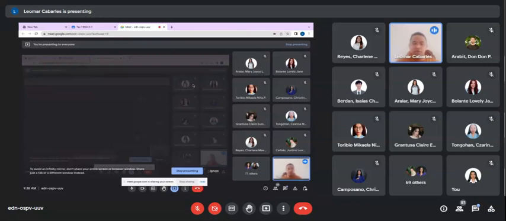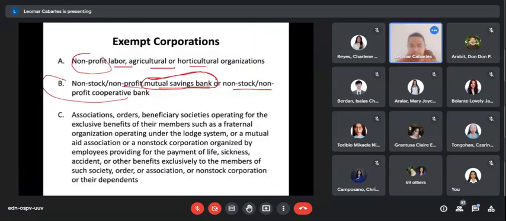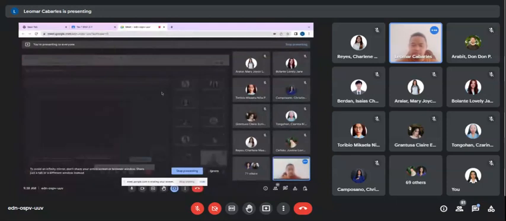Yung exemption ba na tinutukoy natin ay related to your entire activities or just your specific purpose? Ang tax exemption mo ba ay entirely as a corporation or for your specific transaction lang with your members? What do you think? Is the exemption a blanket exemption or specific only to your main purpose?